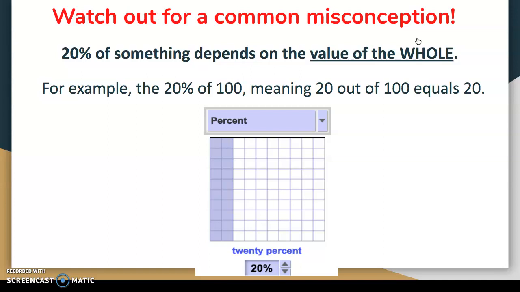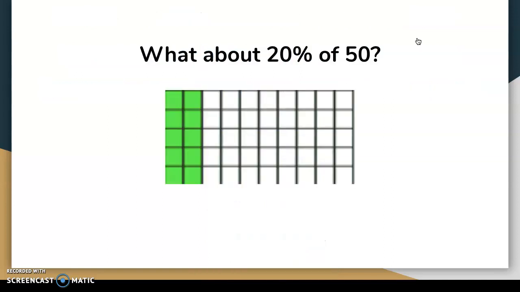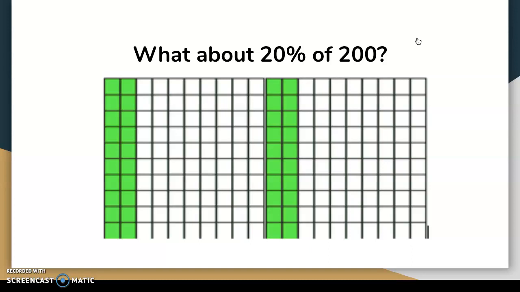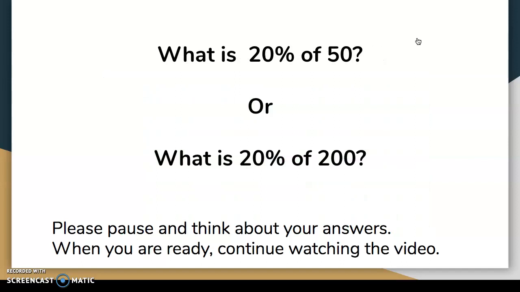Take a look at the following examples. What is 20% of 50? What about 20% of 200? Please pause.